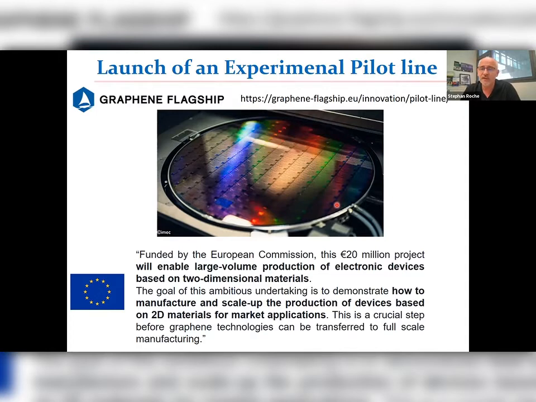So there is now an important effort that has been initiated and hopefully will be maintained in the next 10 years, because there is still a long way to go in order to come to very efficient commercial products, but a foundry is necessary to move towards this objective.